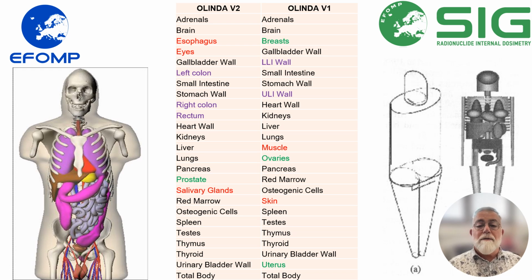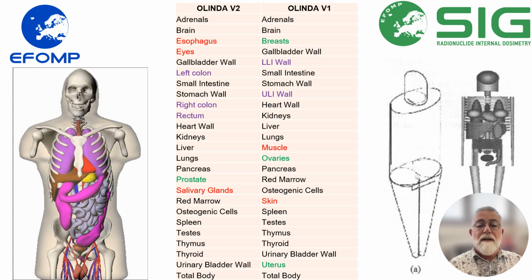There is also a difference in how the different tissues are considered. In Olinda version 1 you've got lower large intestine wall and upper large intestine wall, and that is transformed in Olinda version 2 into left colon, right colon, and rectum.